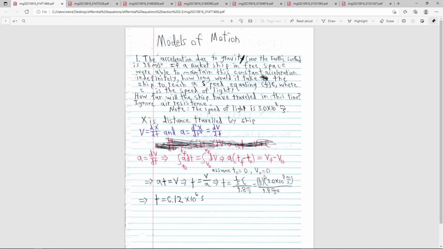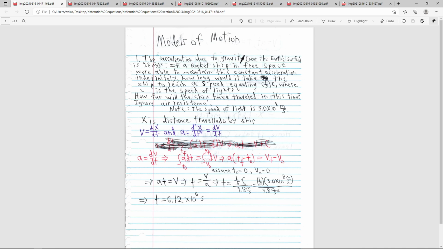And here we assume v0 is 0 as well. That's a common thing. So really it's just a times t equals v, because t0 is 0 and v0 is 0. And you can solve for t just by dividing by a. So t equals v divided by a.